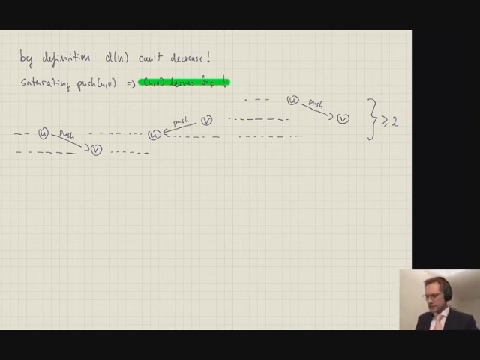And again, since the labels never decrease, they are only increased in the course of the algorithm by definition, a saturating push from u to v, so in the same direction, can only happen if the label of u has increased by 2 units.